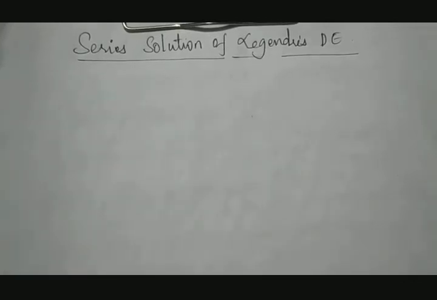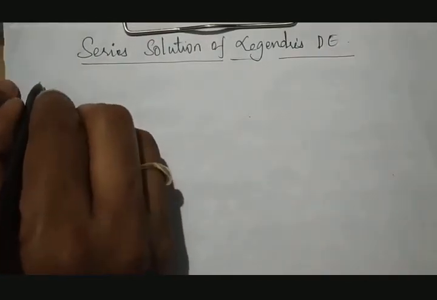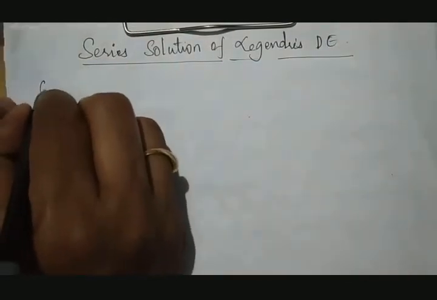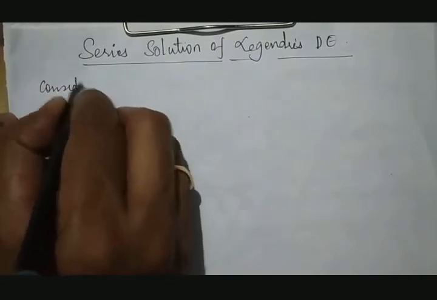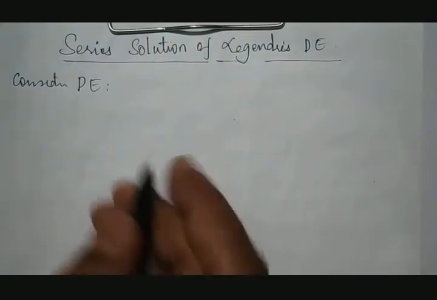Today we'll discuss another important series solution of Legendre differential equation leading to Legendre function. So we have a differential equation. Let us consider the differential equation that is called Legendre differential equation.